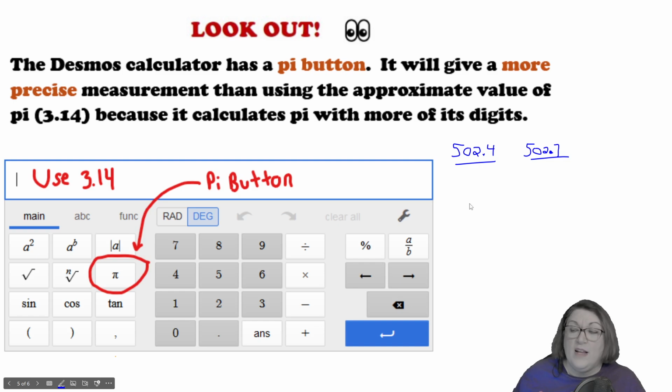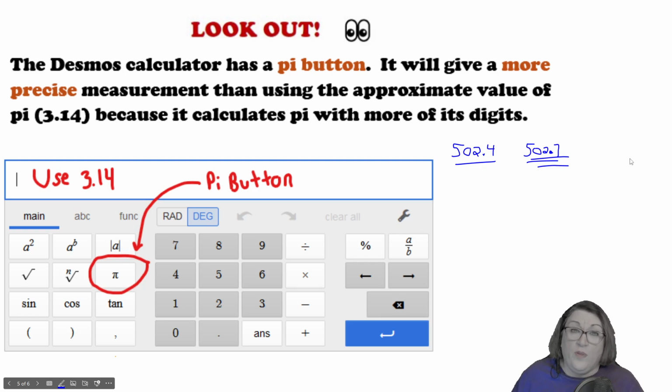The reason it's giving you a slightly different answer is because this pi button incorporates a lot more digits of pi, not all of them. So it's still an approximation, but it incorporates a lot more digits of pi than the 3.14 does. And because of that, it's more precise. The more digits you go out, the more precise your answer is going to be. So this is actually a more precise answer using the pi button.